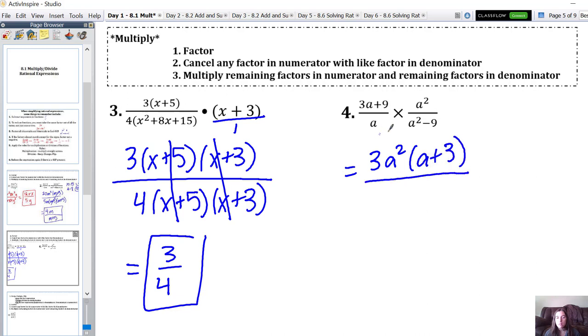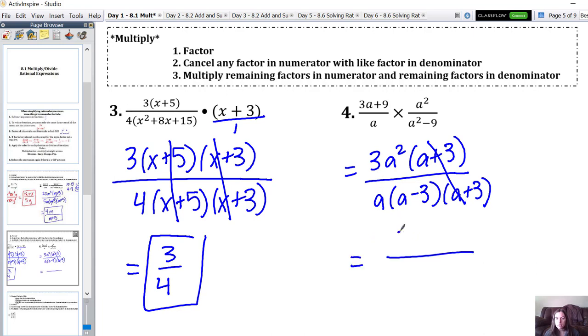Then on the denominator, we've got a, and then this other denominator can be factored as a minus 3 and a plus 3. I've got a plus 3 on the top and bottom, so I'm going to get rid of that. 3 is going to stay on top. There's no other number on the bottom to simplify that. A squared over a is a. That's going to stay on top. And then we have that a minus 3 on the bottom, and that one is done.